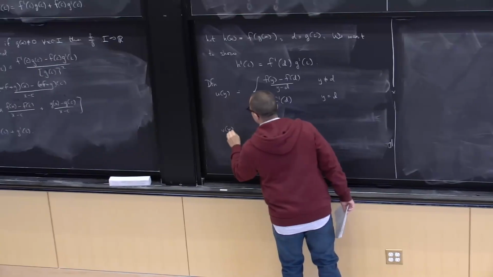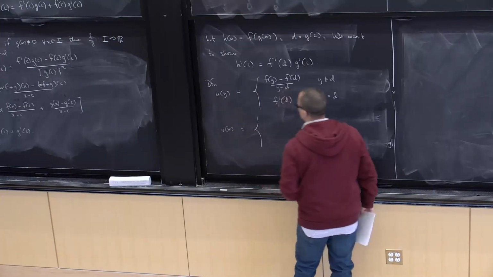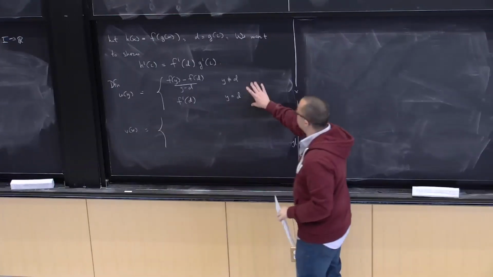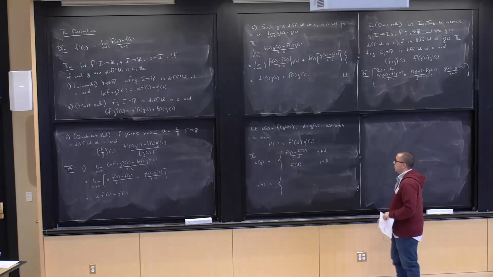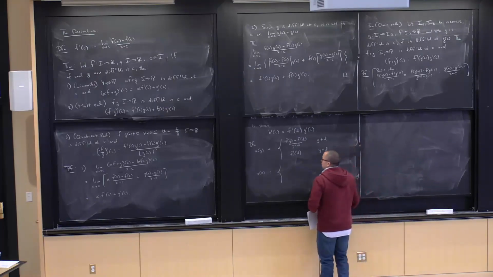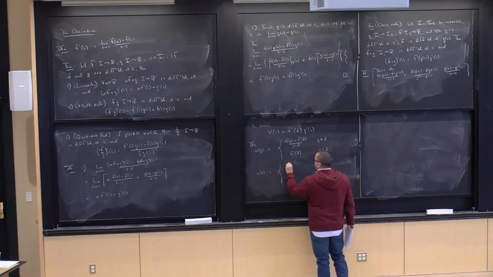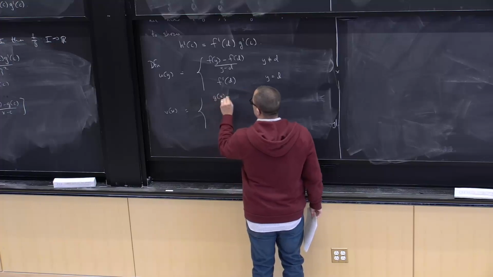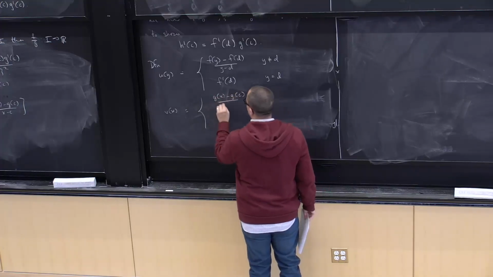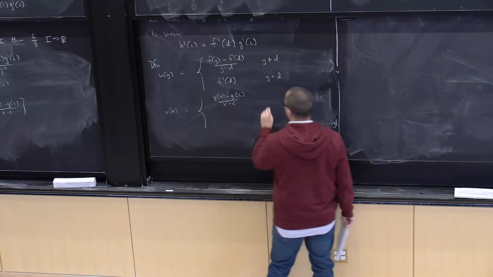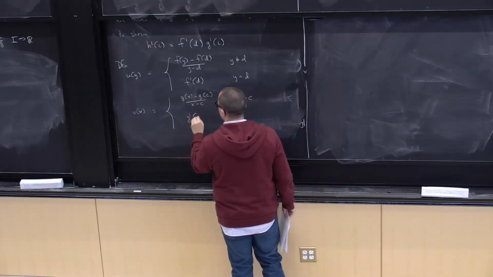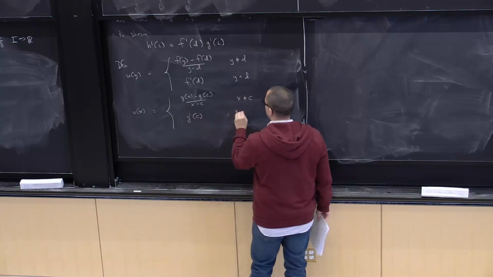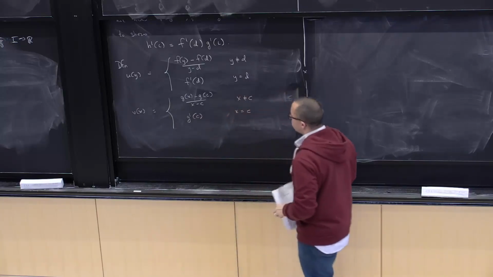And then v of x will be g of x minus g of c over x minus c when x does not equal c, and g prime of c when x equals c.